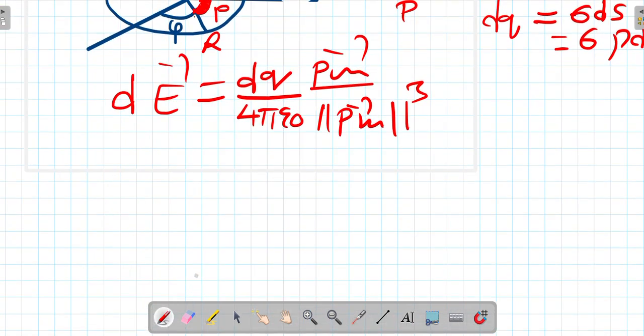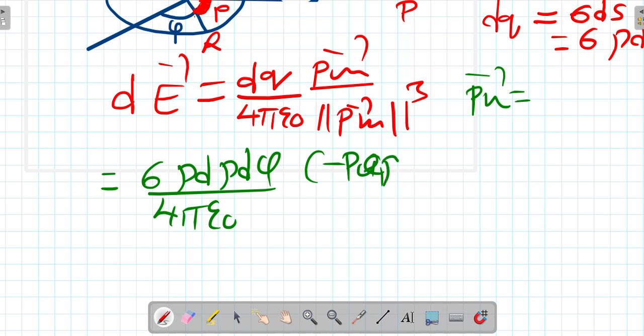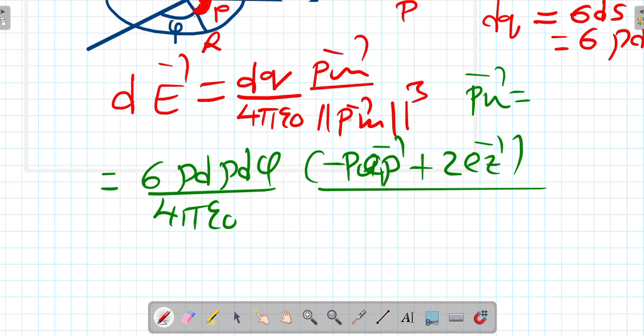So here we're going to have dq. We said dq was sigma rho d rho d phi, over 4 pi epsilon 0. Then PM we found to be negative rho e rho plus z e z, over the magnitude to the power 3.